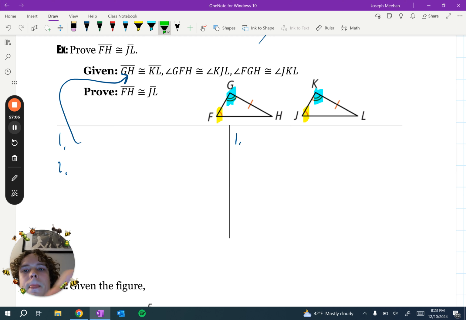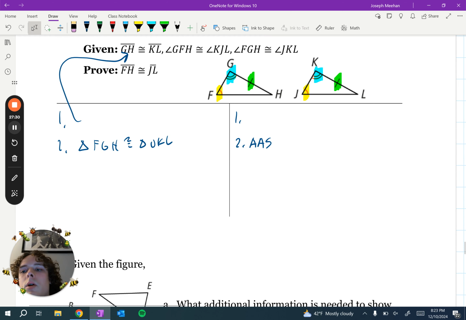F is congruent to J, G is congruent to K, and then GH is congruent to KL. So you can see that these triangles are congruent because of angle, angle, side. So let's say it. Triangle FGH is congruent to triangle JKL because of angle, angle, side. Okay? Or side, angle, angle, if that's how you saw it too.